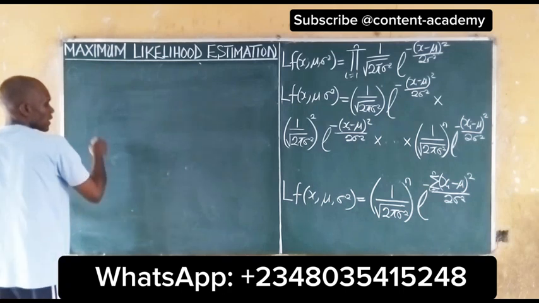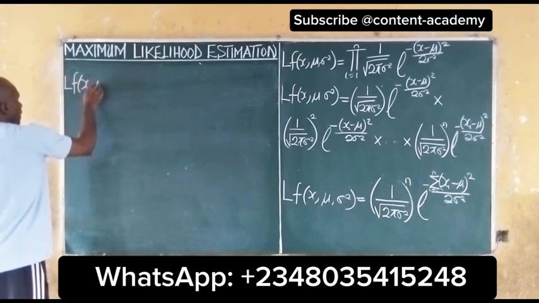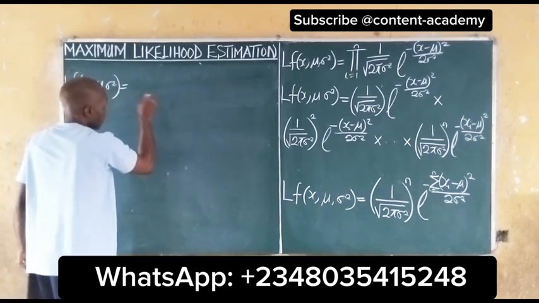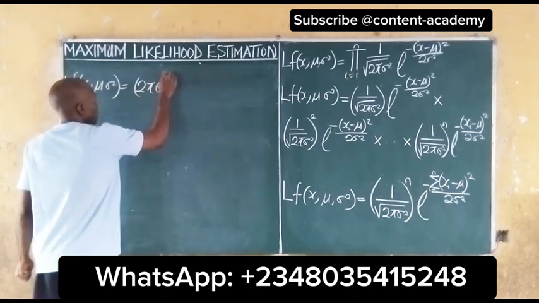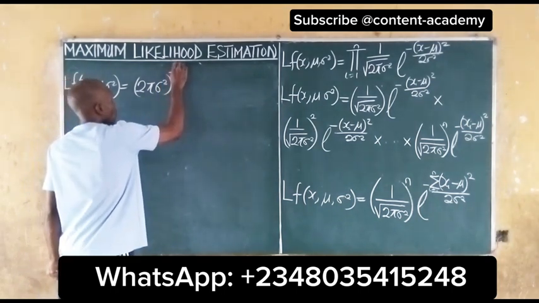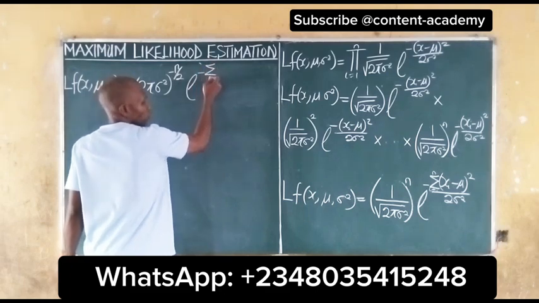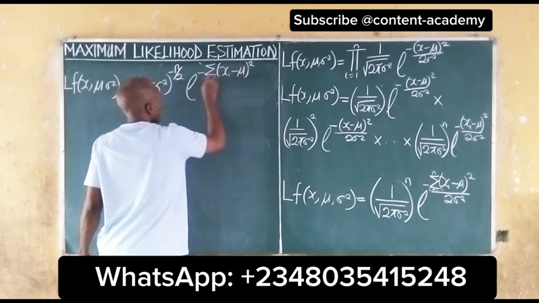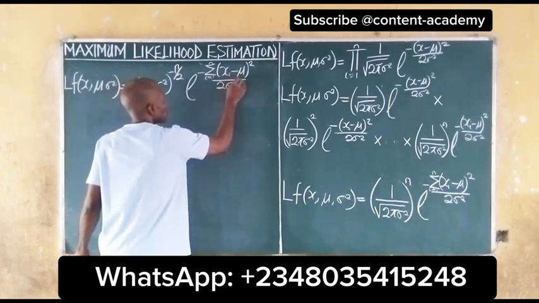We can write the likelihood function of x as 2 pi sigma squared raised to the power of negative n over 2, exponential negative the sum of (x i minus mu) squared, as i runs from 1 to n, all over 2 sigma squared.